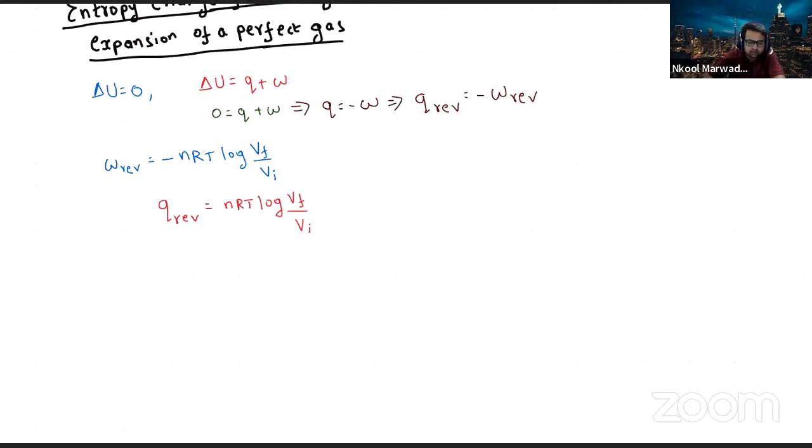That formula is dS is equal to dq rev upon T, where capital T is the temperature, and using that I can write delta S will be equal to nR, T will cancel, nR log Vf by Vi.